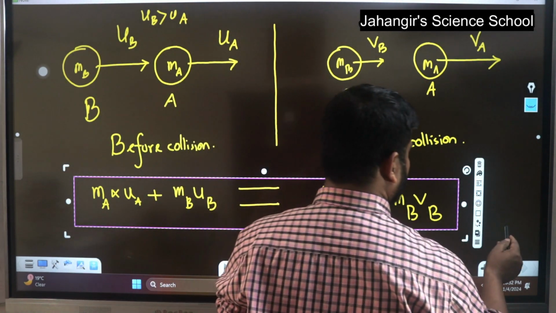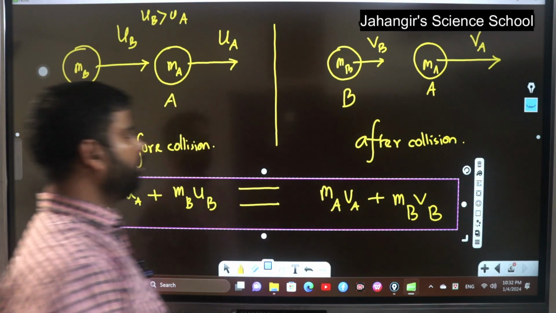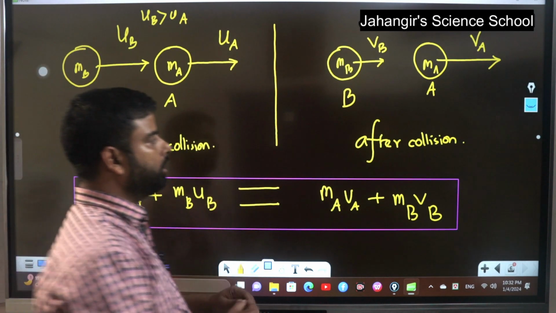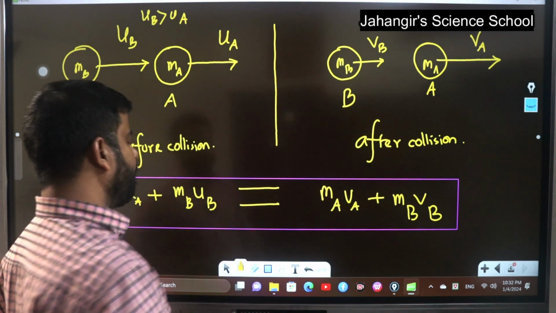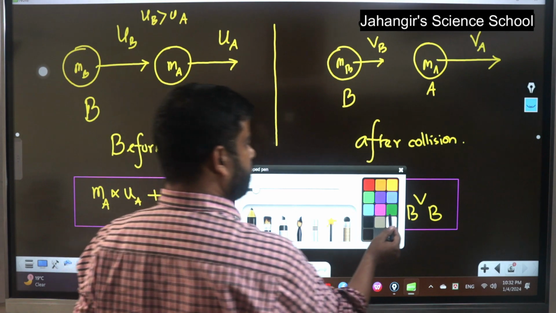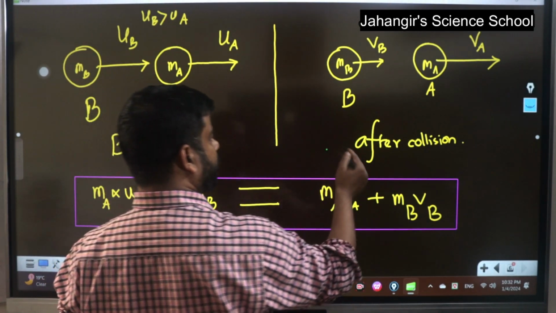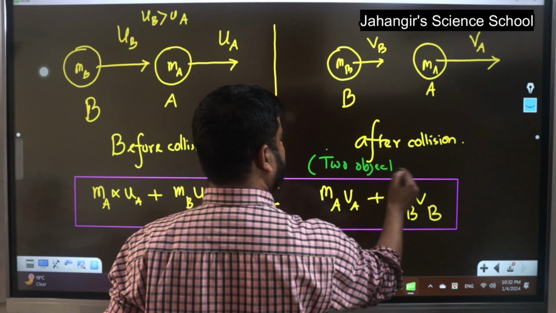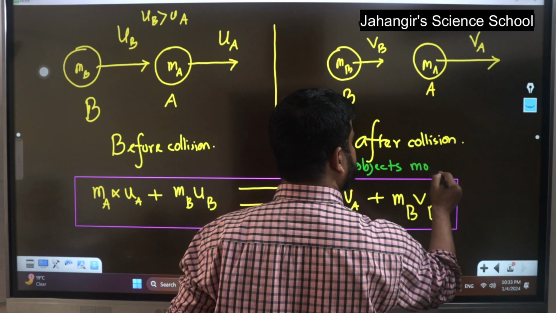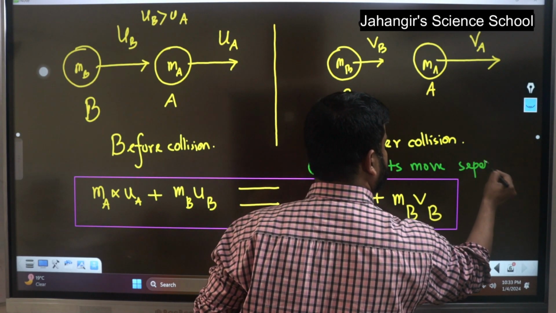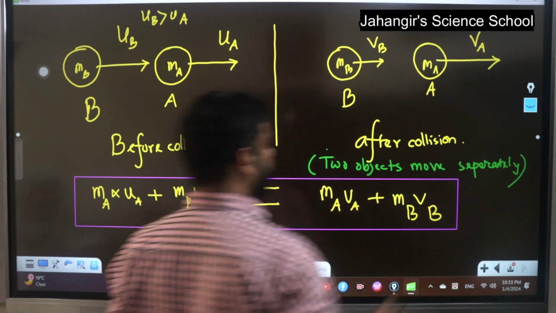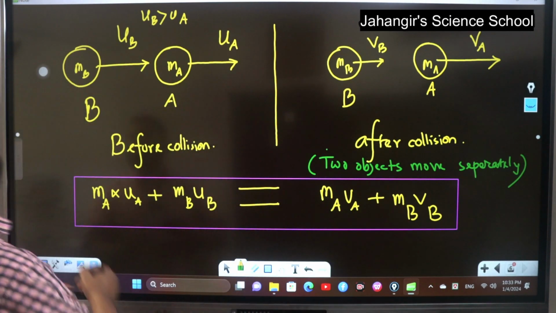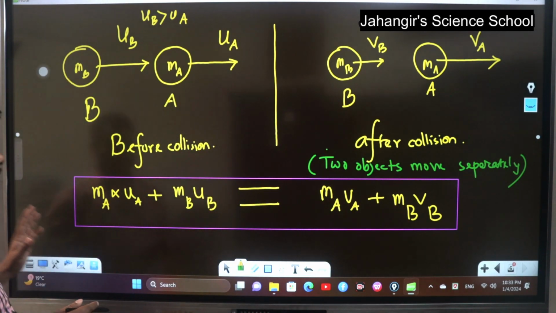For this case, after collision the two objects move separately. That's why we use ma va plus mb vb. So this is for one condition.